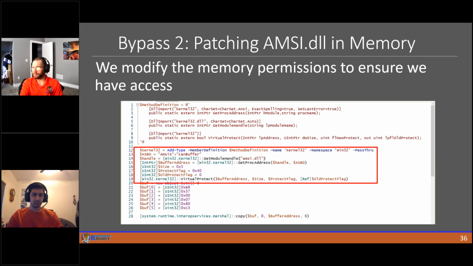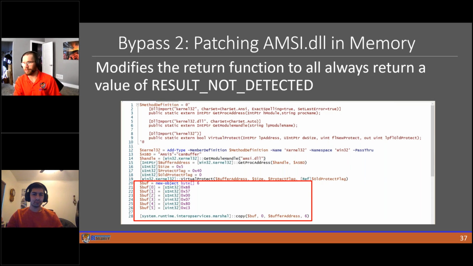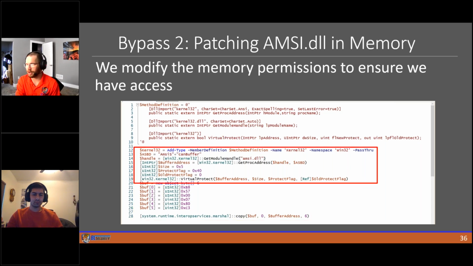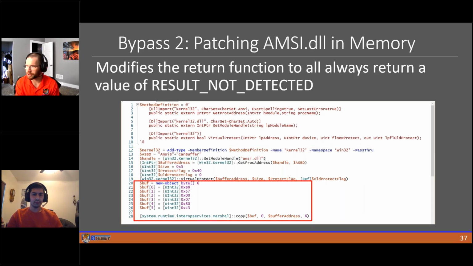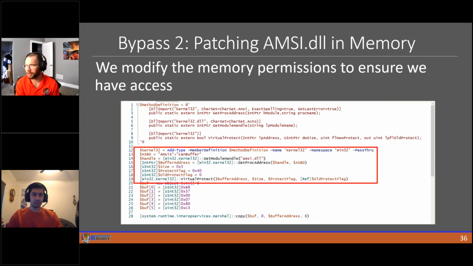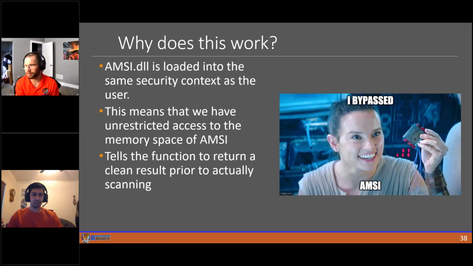Something that is actually pretty interesting that I can show you guys real quick about this is you actually don't have to marshal the memory. Just changing the virtual protection, or the protect flag, on the AMSI memory space seems to break it for some reason.